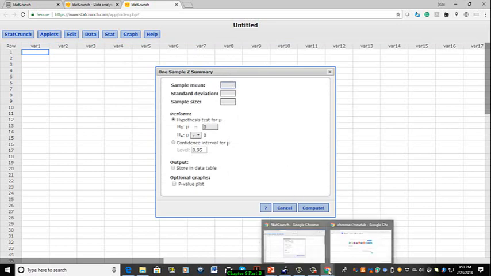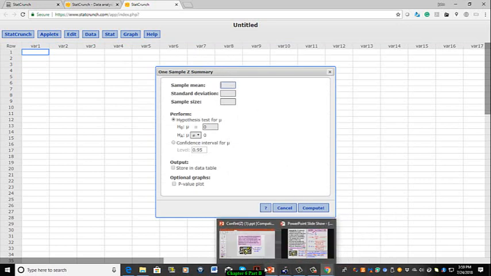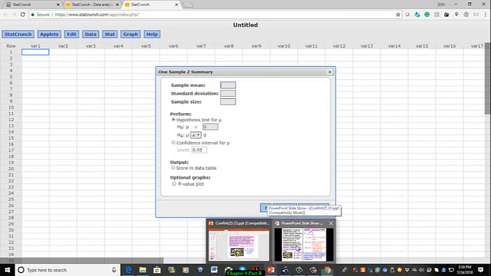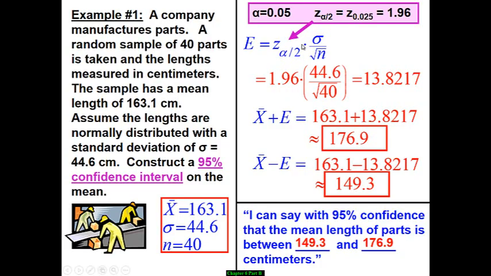Now for the sample mean, let's look at our information. Our mean is 163.1, our standard deviation is 44.6 and our sample size is 40.